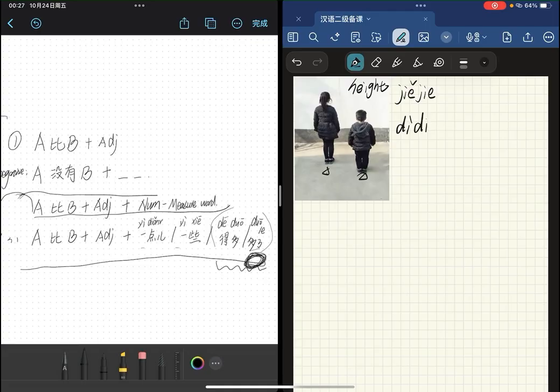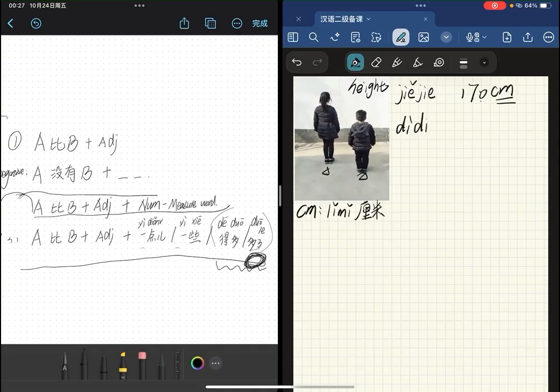Now, if the elder sister's height is 170 centimeters, a new word, centimeter, in Chinese is 厘米.